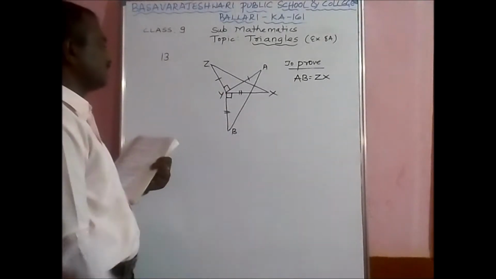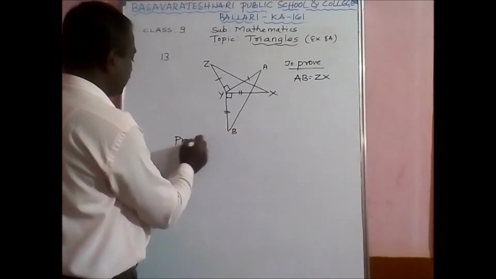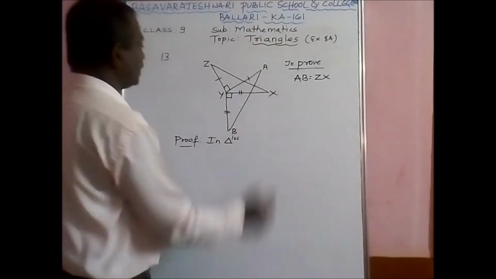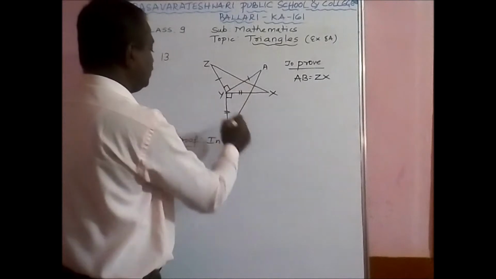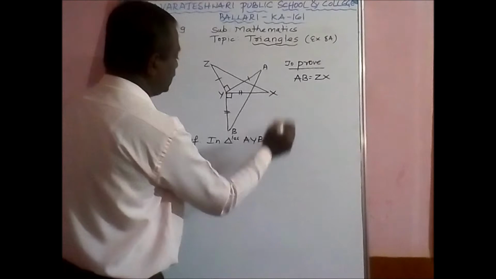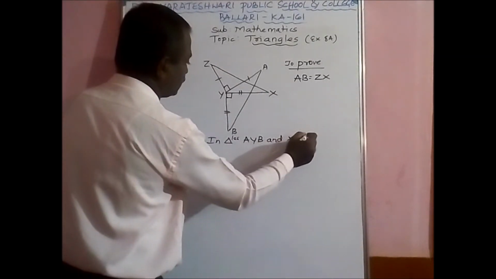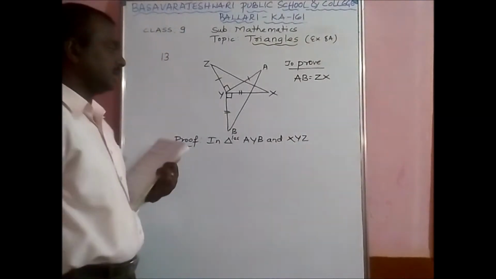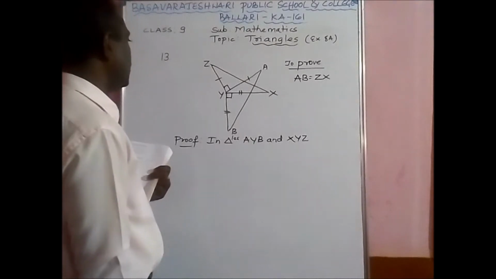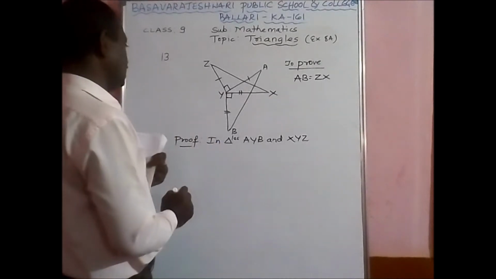Now we will have to consider the triangles. So proof. So in triangles AYB and XYZ, if you see, two sides are equal.